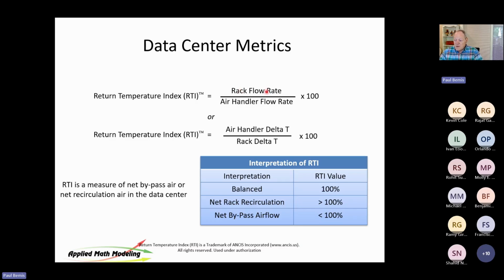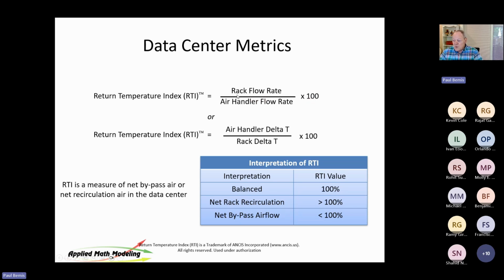But here what we're looking at is rack flow rate divided by air handler flow rate. Okay, so the way that this works is that the rack flow rate always needs to be less than the air handler. You need to give it enough air. A perfect situation would be if these were identical, and you see, if these were identical, it would be 100%.